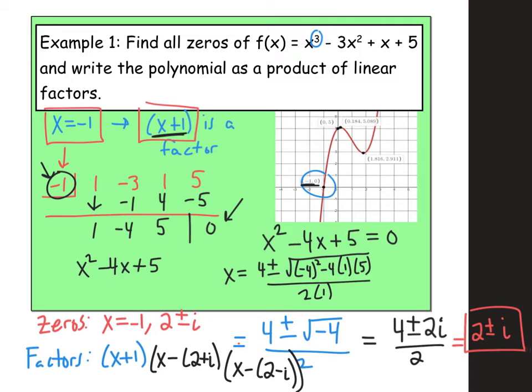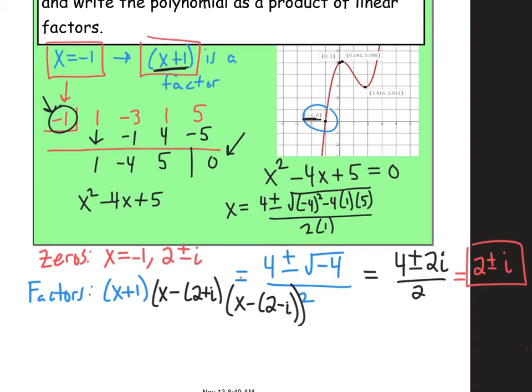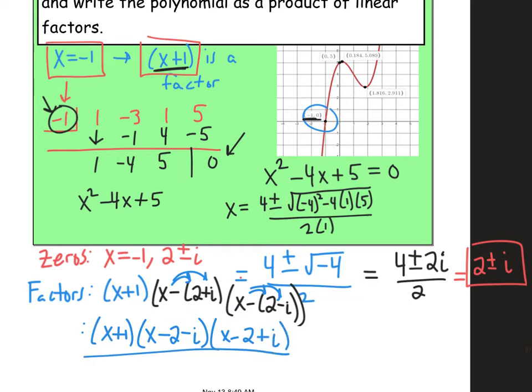If we wanted to, we could distribute those subtraction signs and simplify this a little bit more, meaning x plus 1. This middle one, if we distributed the minus, would be x minus 2 minus i. And this last one, if we distributed the subtraction, would be x minus 2 and then plus i. Okay, so that'd probably be the best way to get everything simplified as much as possible. So that's the zeros and the factors of that polynomial.